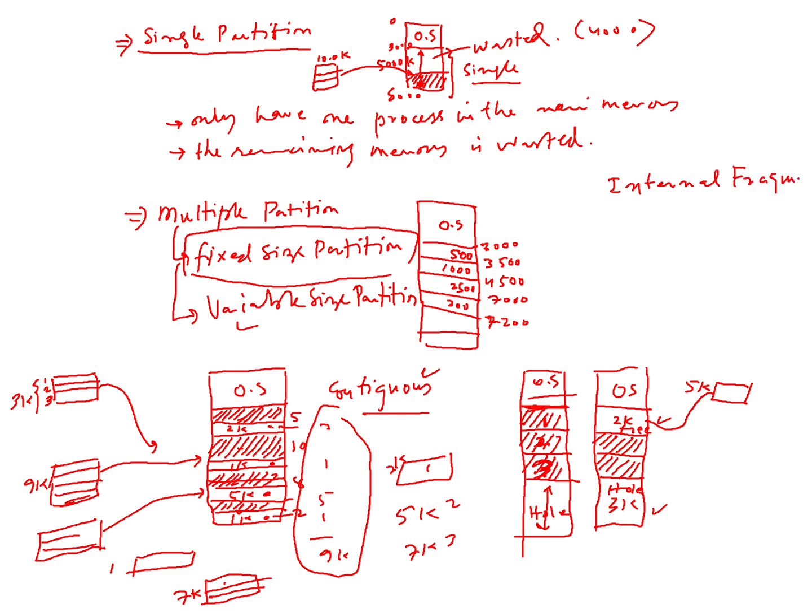And when you have some space collectively but cannot utilize it because it is not consecutive in nature, that is called external fragmentation.